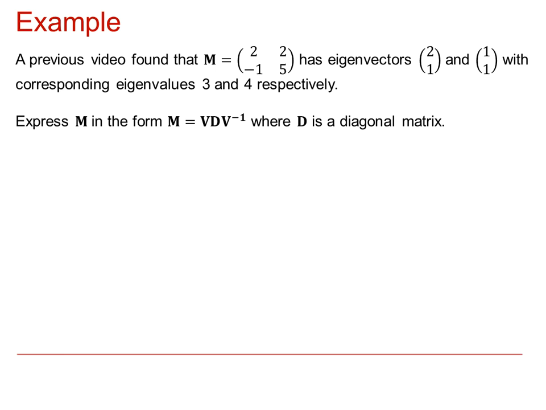Again, in a previous video we looked at the matrix M, which was 2, 2, negative 1, 5, and found that it had these particular eigenvectors (2, 1) and (1, 1) with eigenvalues 3 and 4. So the fact that we can write M as V D V inverse means that V, the matrix made up of the eigenvectors, has 2, 1 in the first column and 1, 1 in the second column.